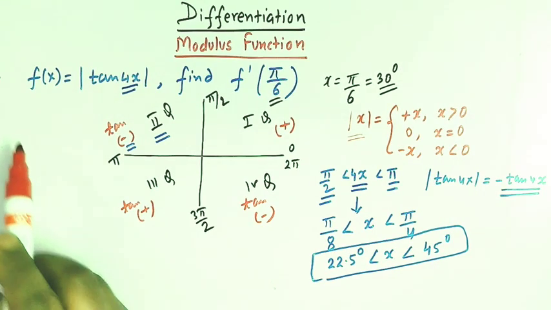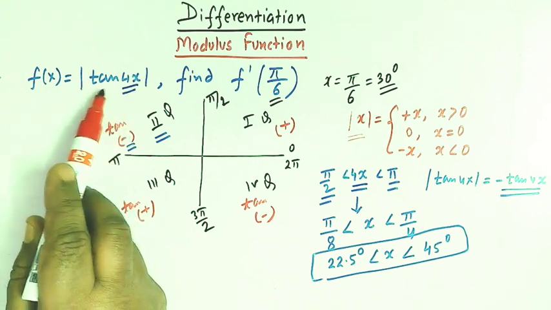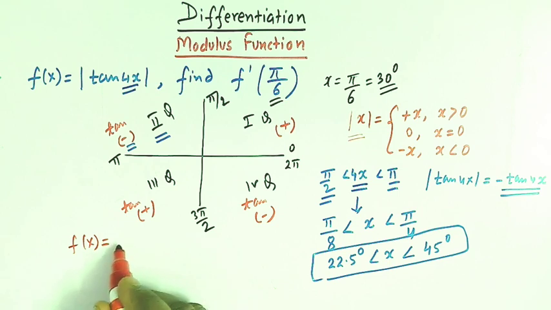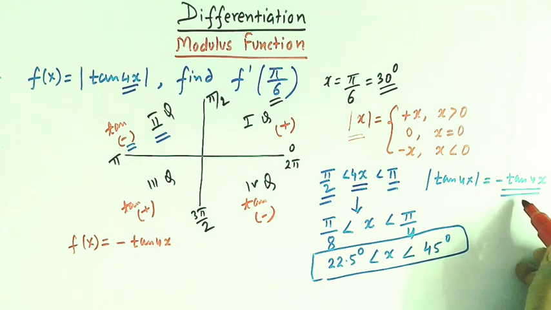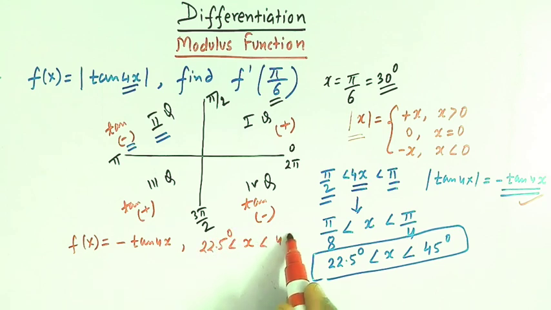Now we can redefine this function: f of x is equal to mod of tan 4x, so f of x is equal to negative of tangent of 4x, which we have written over here, when x lies between 22.5 degrees and 45 degrees.